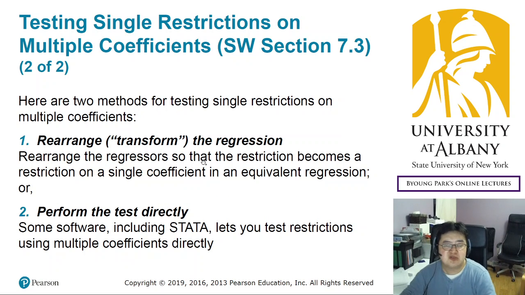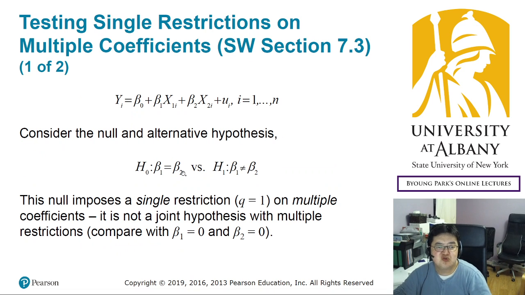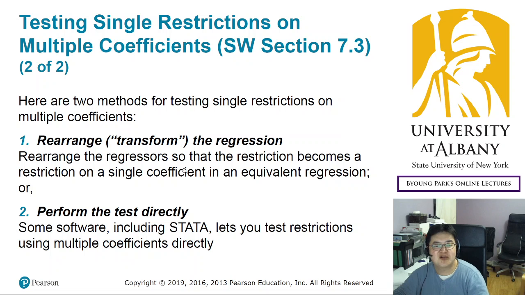I will introduce two different approaches to test a hypothesis like that. The first approach is we are going to rearrange the regression equation so that those two coefficients become one. It is a very clever idea, and then you can apply single hypothesis testing.